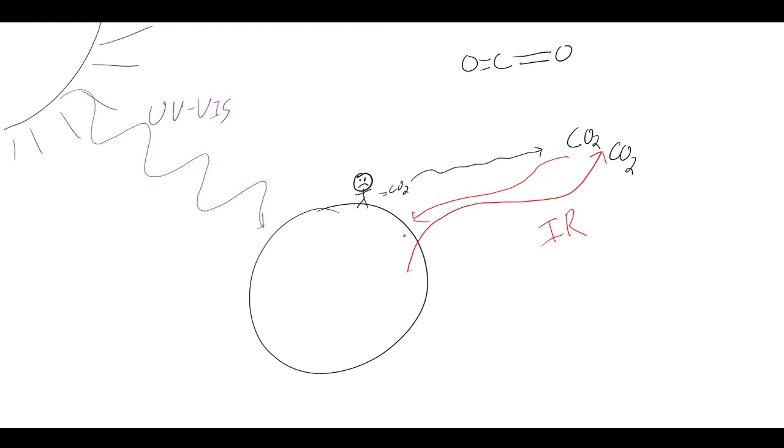So some of this emitted radiation by CO2 goes back into the Earth. And so the net effect is it's the same energy that's coming in, but there's less energy going out. And so that's a higher overall temperature. The Earth keeps heating up. That's our global warming that's affecting our climate. And now, this is you.